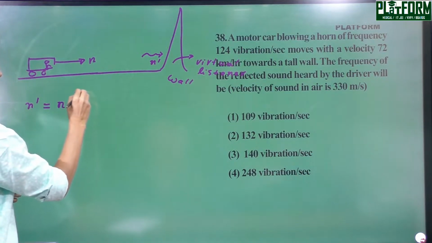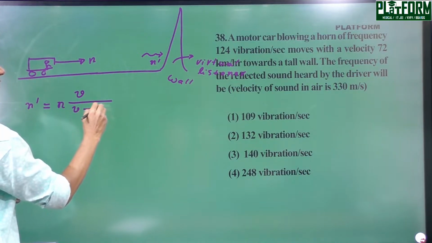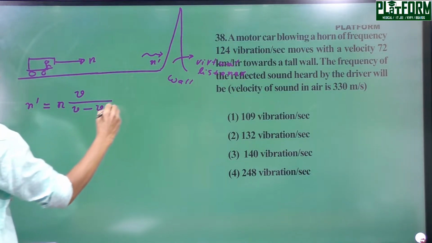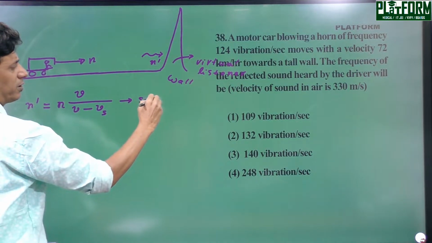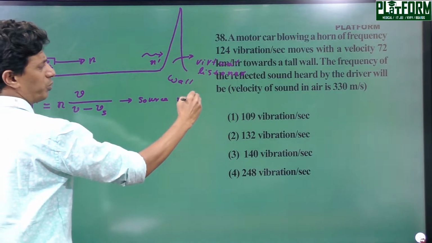For a source moving towards a stationary listener, the frequency is V by (V minus Vs).